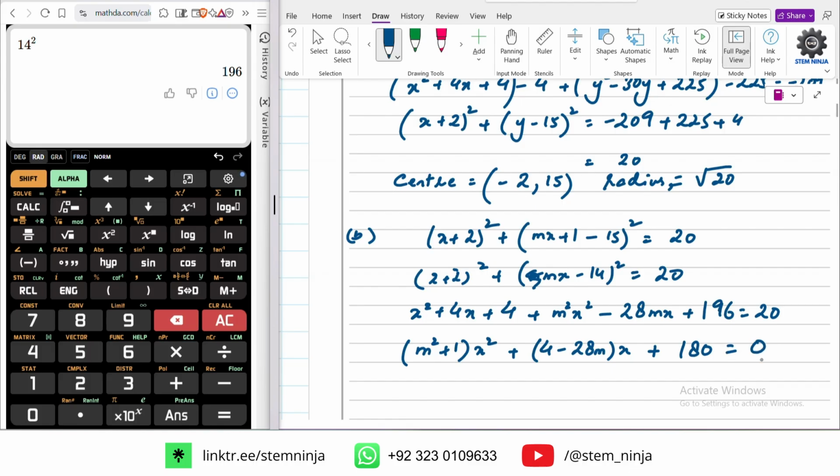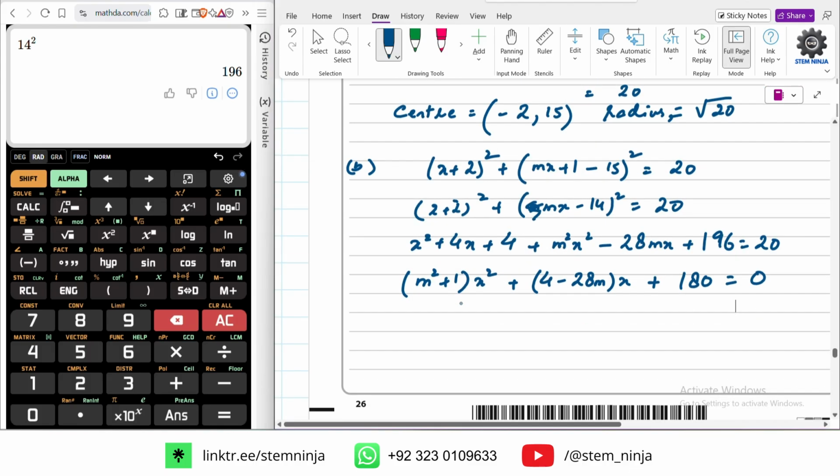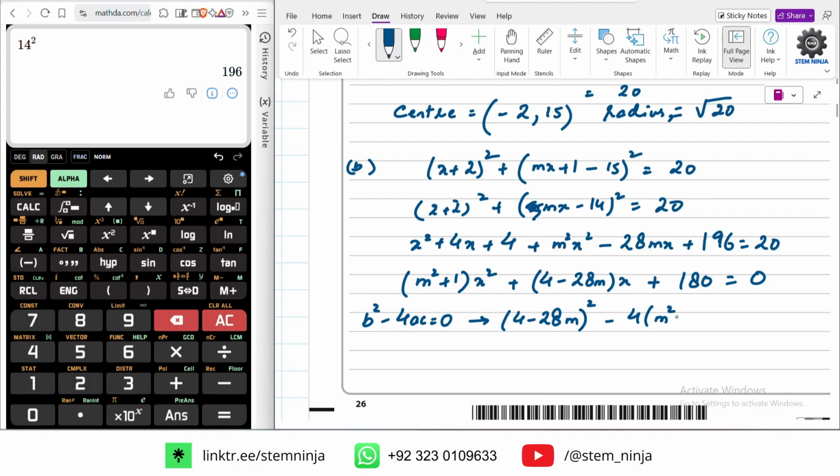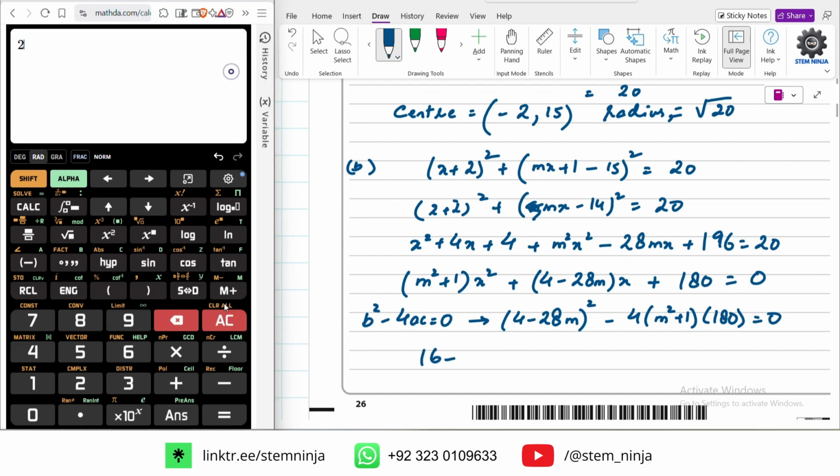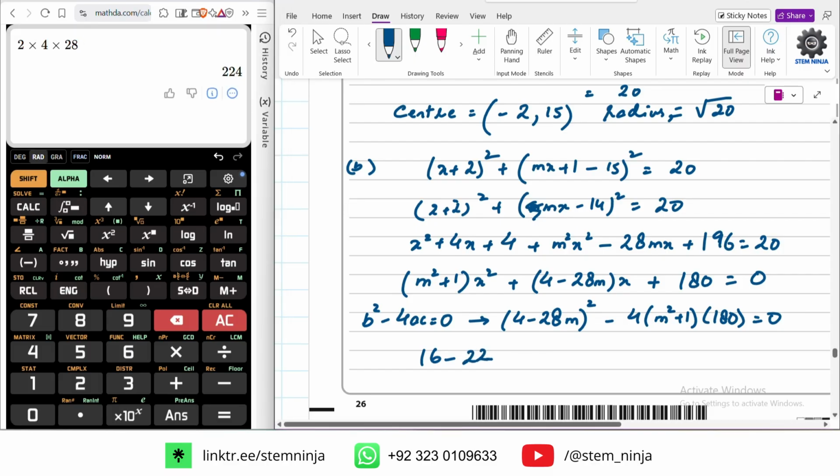Now we know that this is touching the curve at only one point, so b squared minus 4ac is equal to 0. So (4 - 28m) squared minus 4(m squared + 1)(180) equals 0.